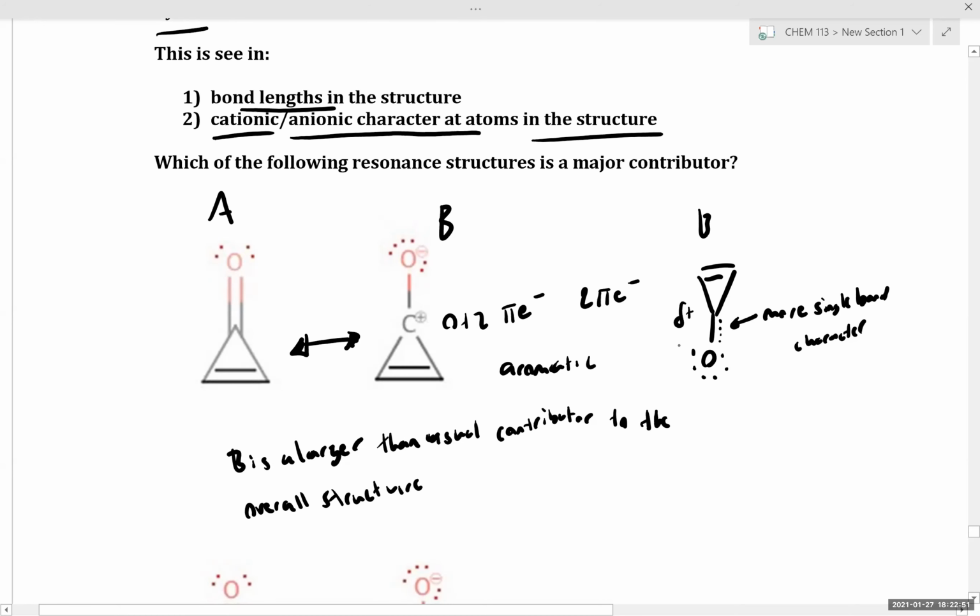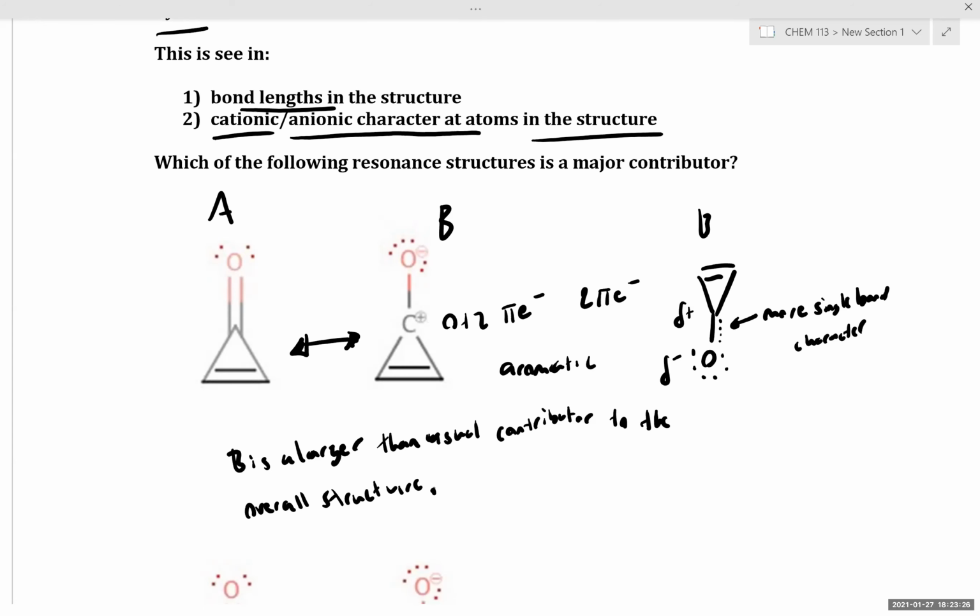And we'd notice a lot more localized charge, or built up partial charge, on our two atoms involved in the carbon-oxygen bond, because this aromatic resonance structure exhibits a stark separation of charge. So B is a larger than usual contributor to the resonance structure, and in turn, it directly impacts the bond length and strengths observed in our overall structure.